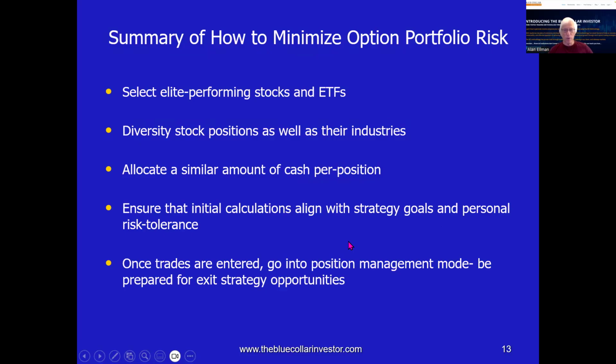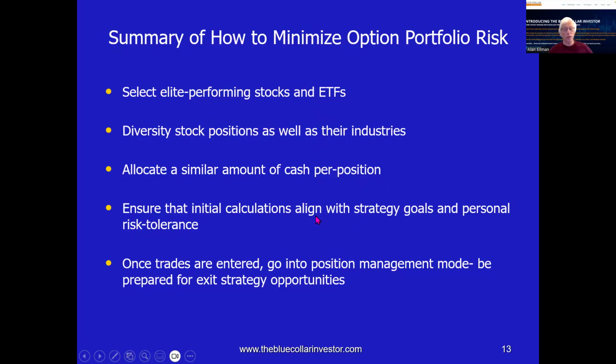So let me summarize now how we could minimize the risk in our portfolios when we're setting them up. Select only elite performing stocks. I showed you the 3 ETF reports we provide to our members. Make sure you diversify not only stock and ETF, but also the industries that they're in. Allocate a similar amount of cash per position. They'll never be exactly the same, but you want to be in the same ballpark.